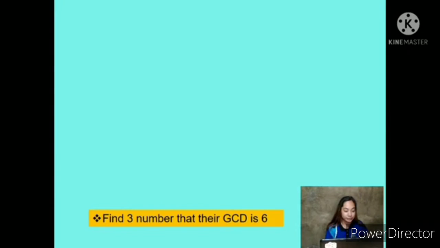First, find three numbers that their GCD is 6. So, ito po yung tatlong number na pinili ko: 6, 18, and 30. So, tignan nga natin kung pare-parehas silang may GCD na 6.